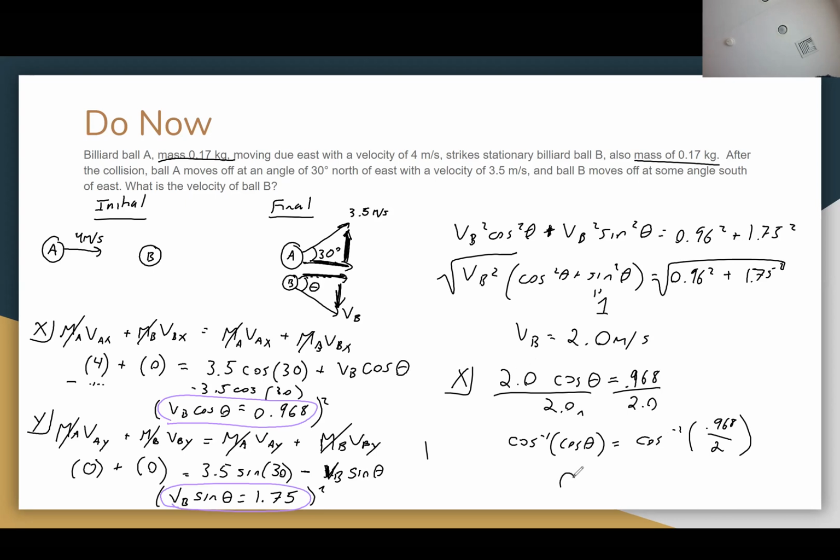And we get an answer of theta is equal to 75 degrees. And we know that that is south of east because that was given to us. So we have our magnitude and we have our direction.